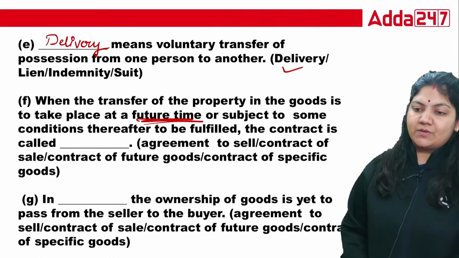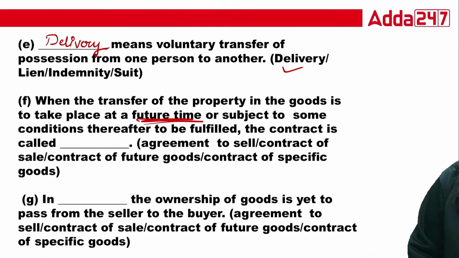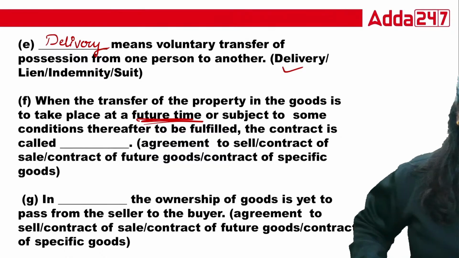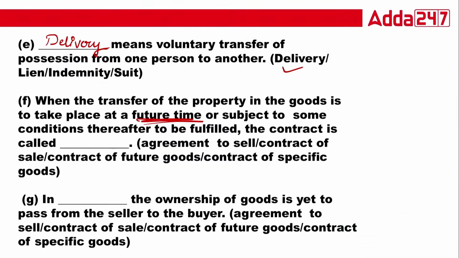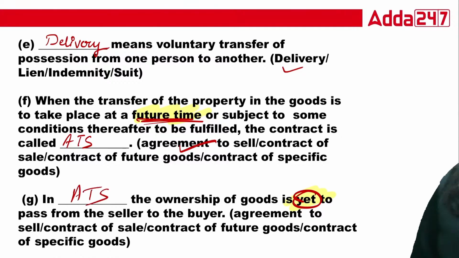At a future time, that is called agreement to sell. In dash, the ownership of the goods is yet to be transferred. See class, these are the hints that are already given: yet to be given, future time. This is called agreement to sell. This is the right answer.